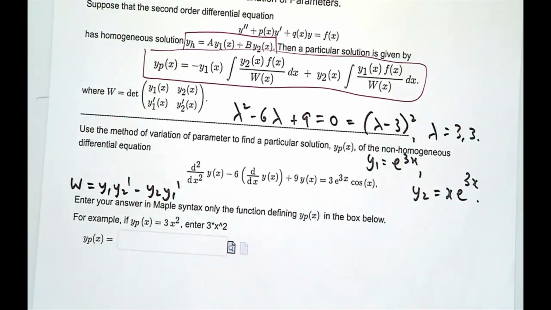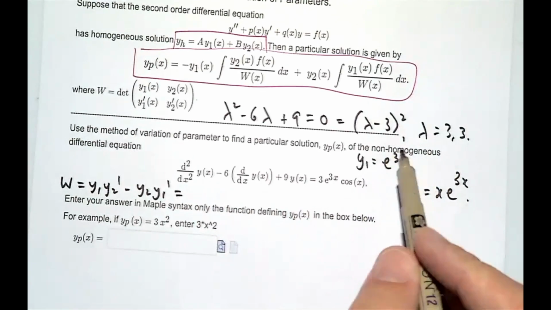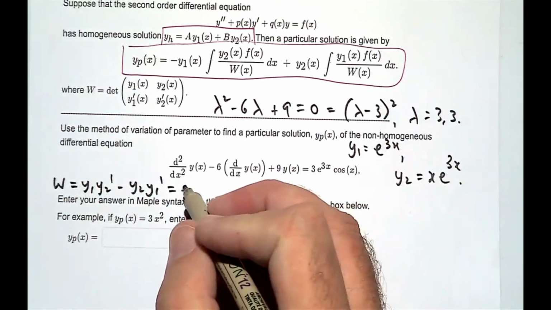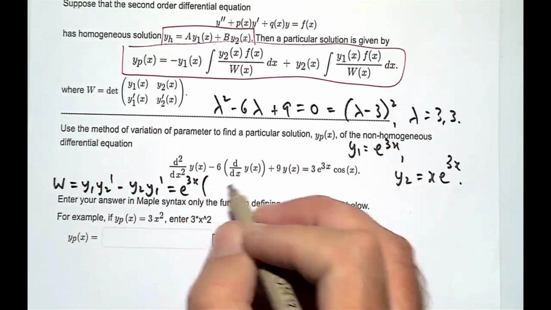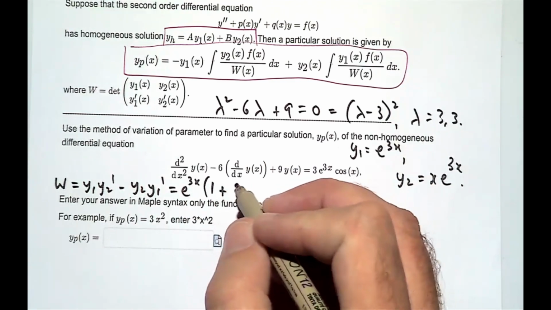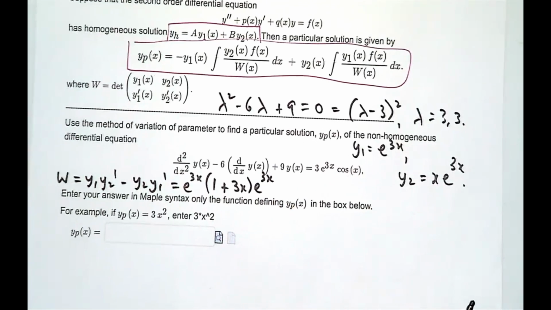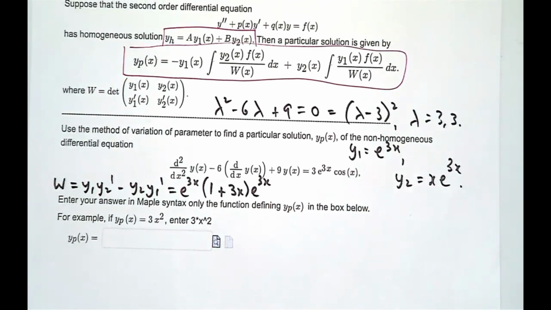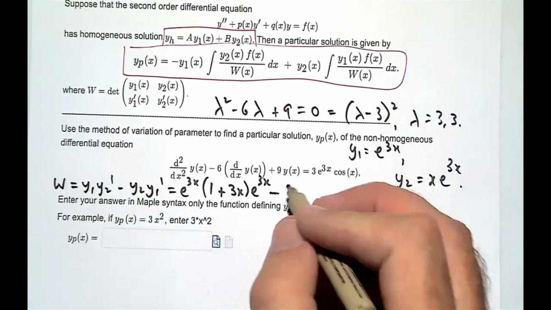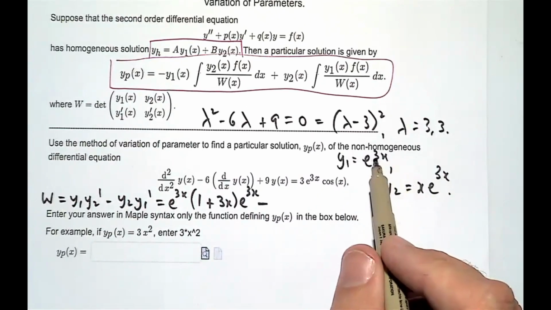So y1 times the derivative of that is going to be 1 plus 3x, times e to the 3x. I think that's correct. And then minus y2 times y1 dash, so that times the derivative of that.